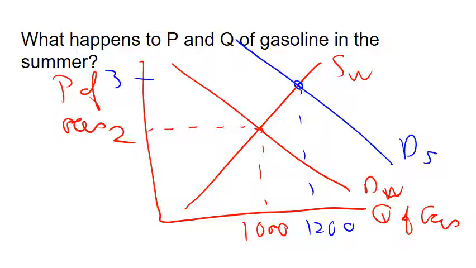We've got a nice explanation for why prices rise in the summertime: it's driven by increases in demand. On the other hand, the demand for fuel oil decreases in the summertime. As demand for fuel oil falls, you would expect to see the price and quantity of fuel oil decrease in summer relative to winter.